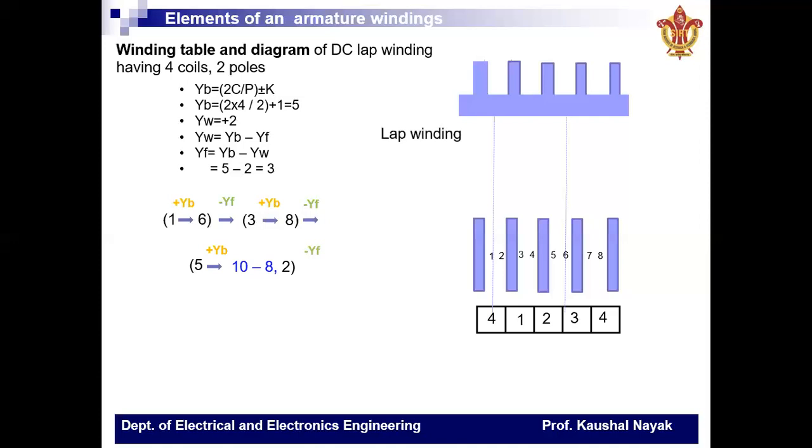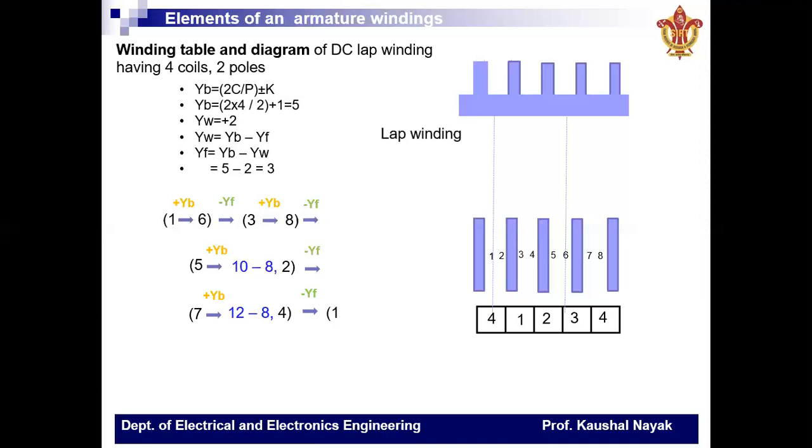But since the total number of coils is 4, there could possibly be only 8 coil sides. So we need to subtract 10 minus 8 and we get 2. In this fashion, we may continue to add back pitch and subtract front pitch, and gradually we reach the point from where we have started.